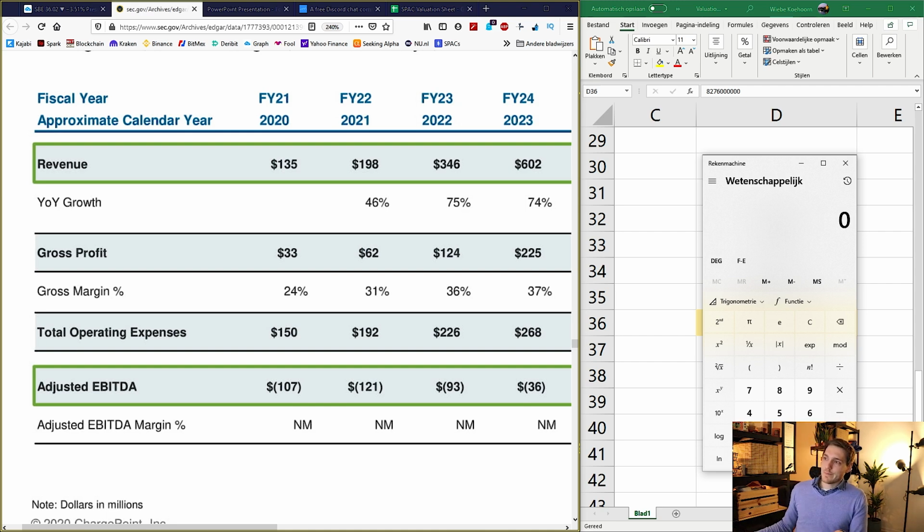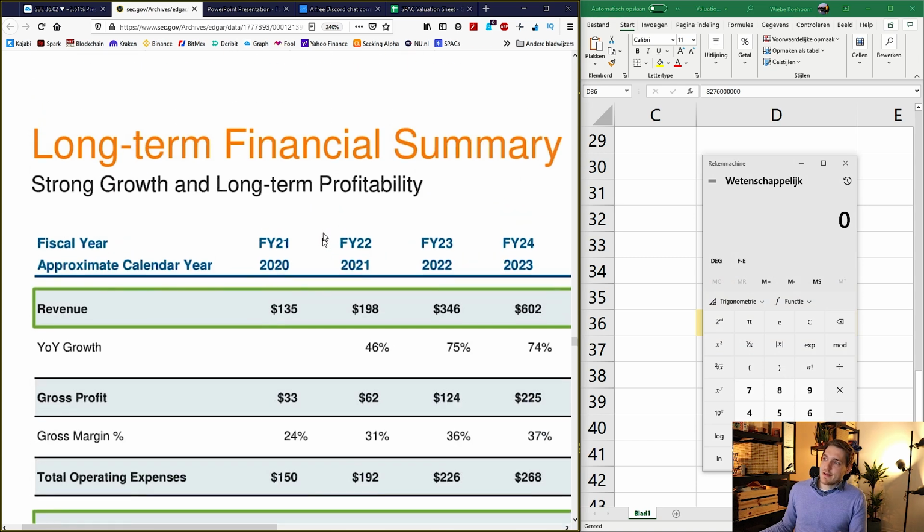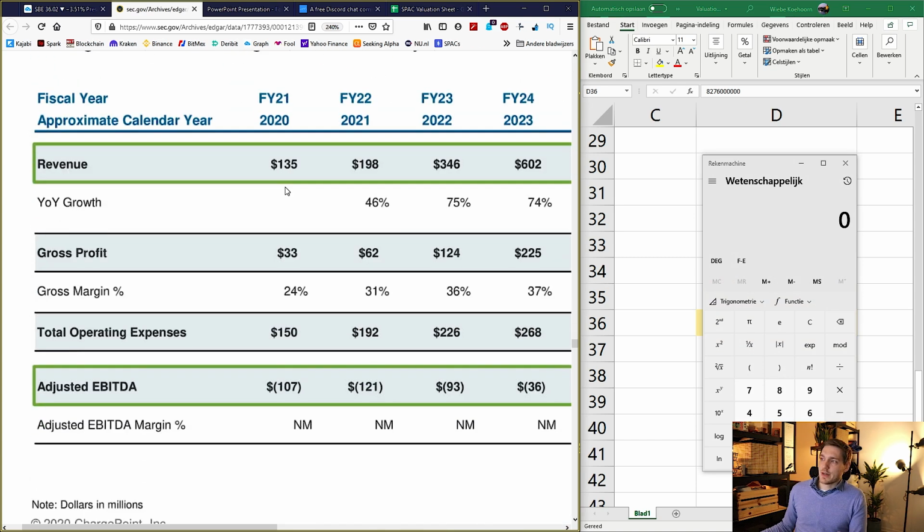If you look at the long-term financial summary of ChargePoint, we can see the following. In calendar year 2020, they had $135 million in revenue. Now again, if you remember, we just said that the enterprise value of ChargePoint was more or less $10 billion.